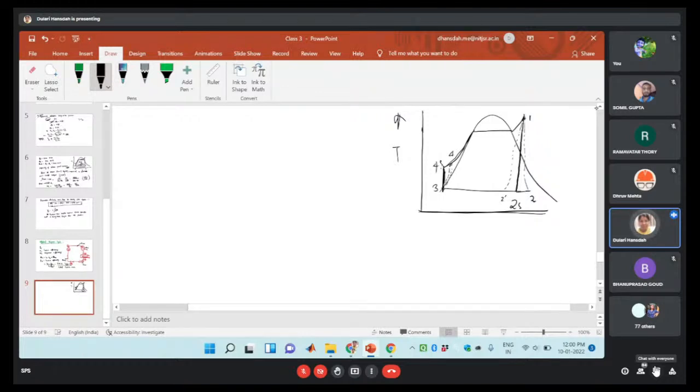If we are considering the losses, then due to the losses your expansion will be like this. So it is H1 minus H2, and isentropic means it is H1 minus H2S.